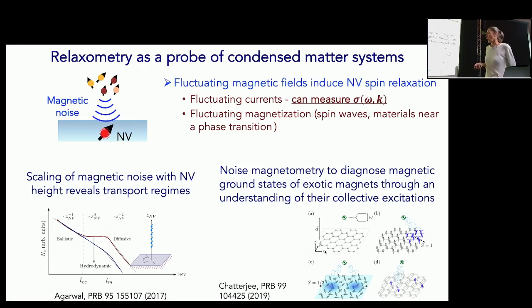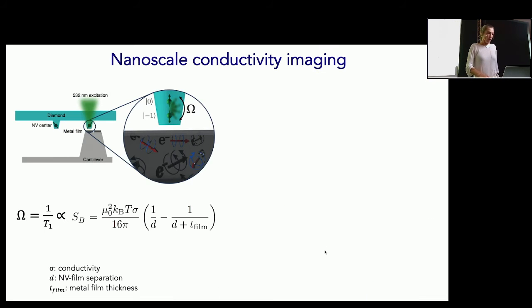So I think these are some nice theory papers, largely from Eugene Demler, who have predicted how using noise spectroscopy with an NV can reveal different transport regimes, in this case, ballistic, hydrodynamic, and diffusive. Also, using noise magnetometry to diagnose magnetic ground states of exotic magnets, and for instance, reveal spin liquid ground states.